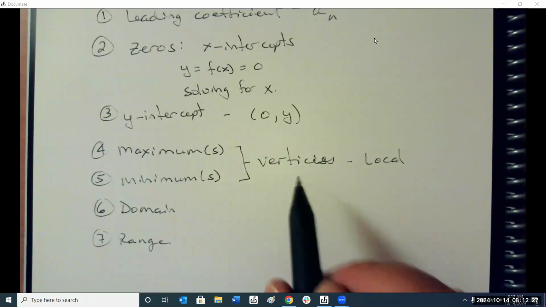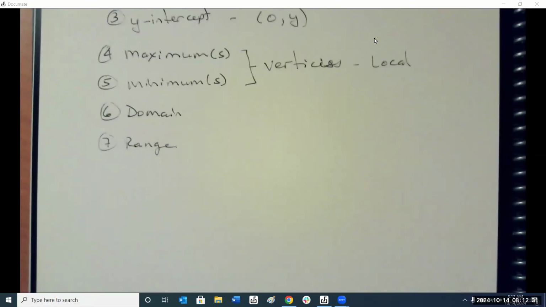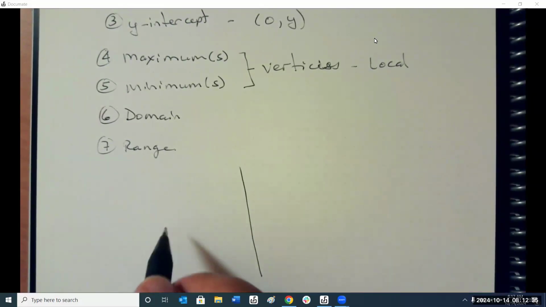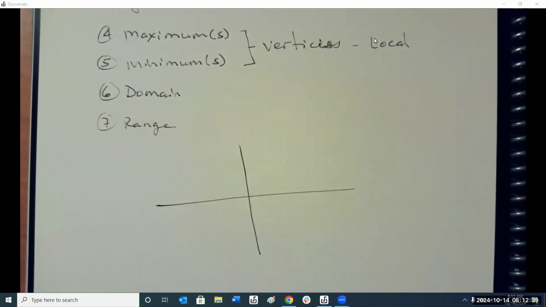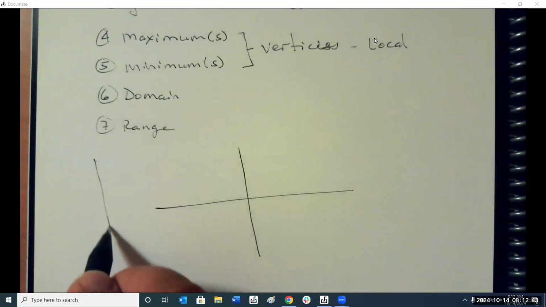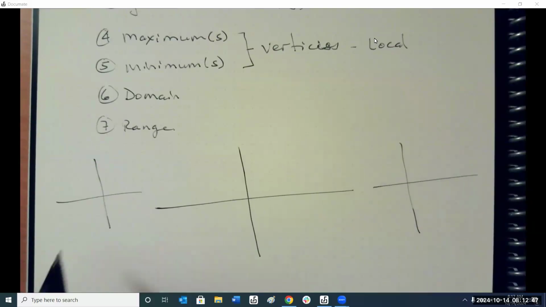But what we're looking for is once we find the vertices of the function, then it'll help us graph it. For example, let's look at these three graphs that we have so far.